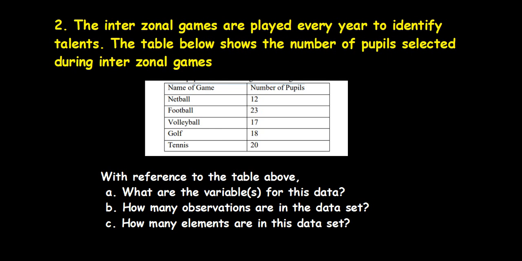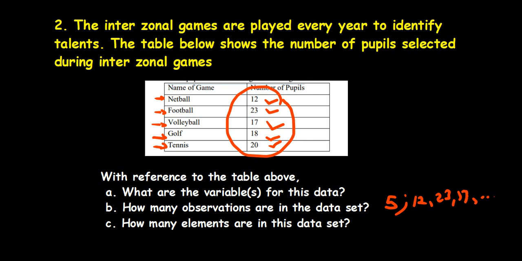The first row is where you have volleyball, netball, then the second row, third, fourth, and the fifth one. So the observations are 12, 23, 17, 18, and 20. How many observations? You're going to say 5. If they ask you to list them, you say 12, 23, 17, until you reach 20. These are our observations.